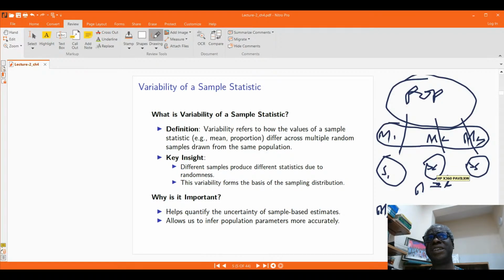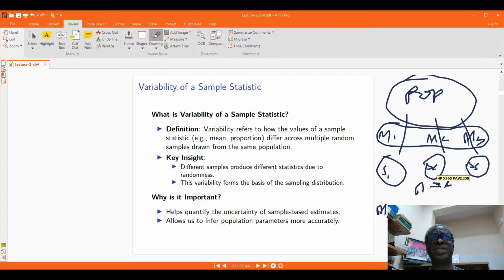If you have taken all possible samples, there will be those that will be the same, but there will be variation across the samples. So there is bound to be variation, and the variation arises because of the randomness of the selection. So this variability forms the basis for the sampling distribution that we are talking about.